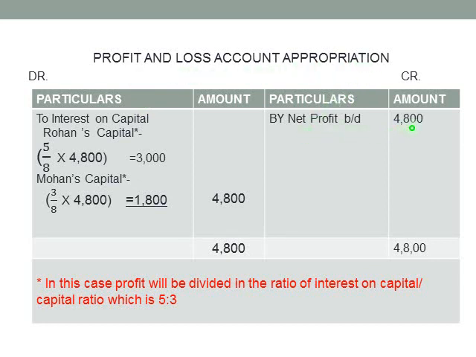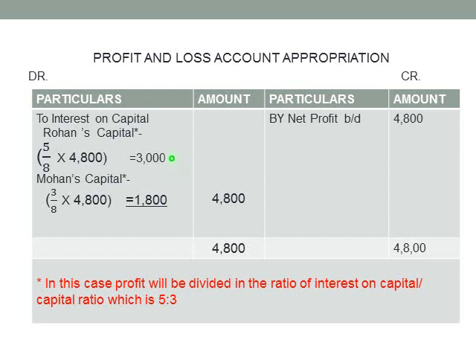Net profit is 4,800, which is to be given to the partners in the form of interest on capital in the ratio of capital, which is 5:3. So Rohan will get 3,000 instead of 5,000 and Mohan will get 1,800 instead of 3,000, and their total interest on capital will be 4,800. So this is how we show the appropriation of profit.